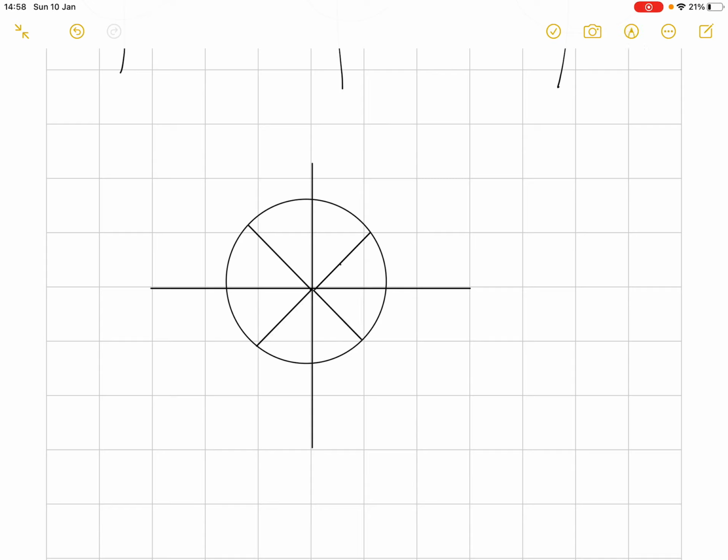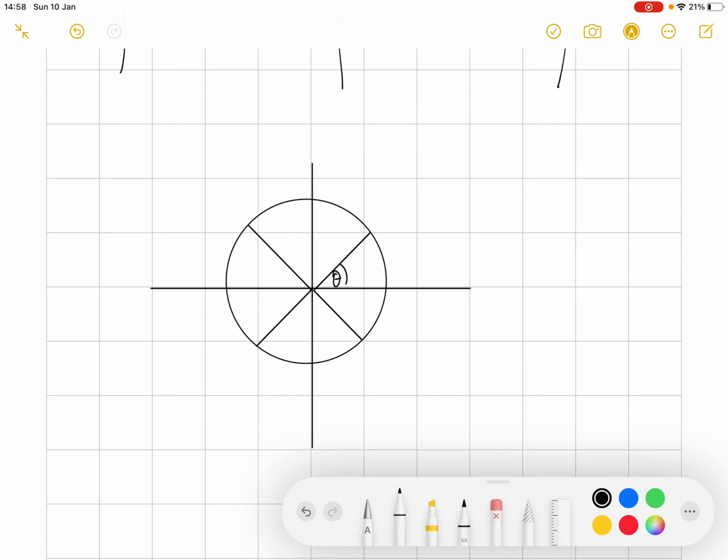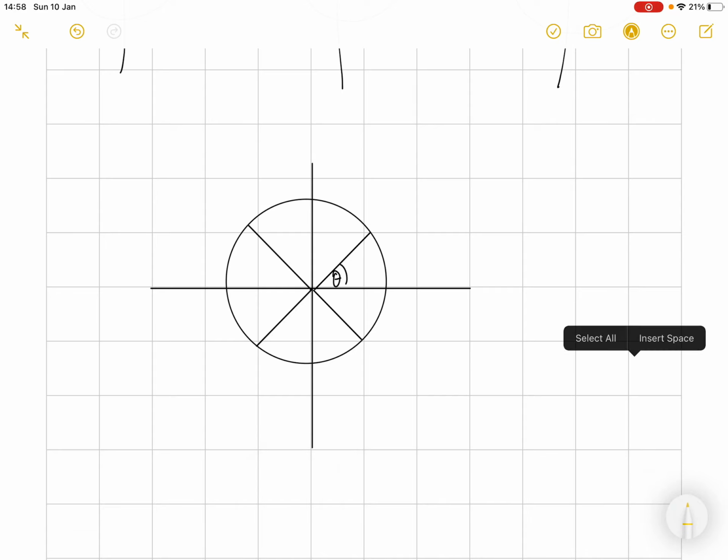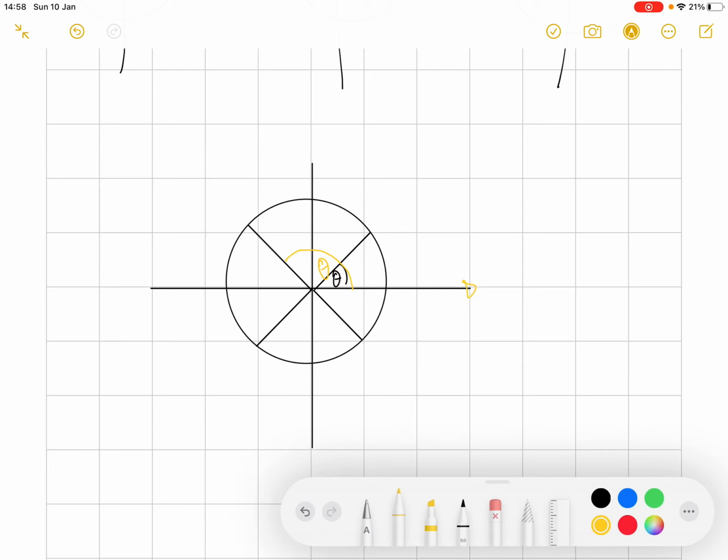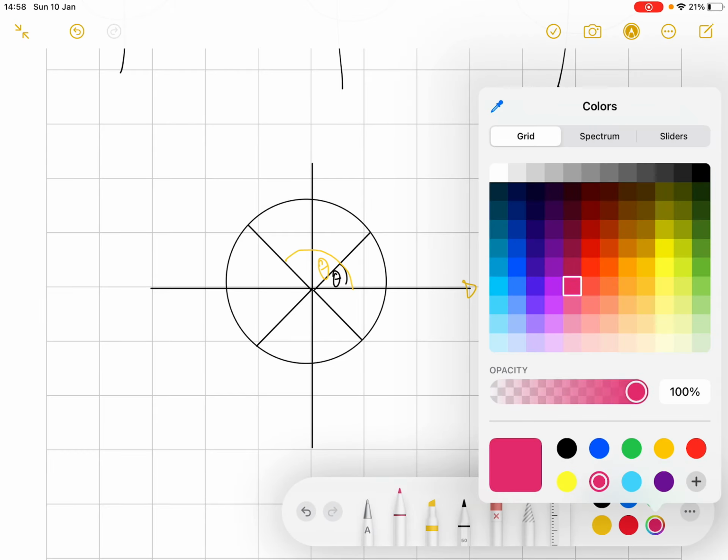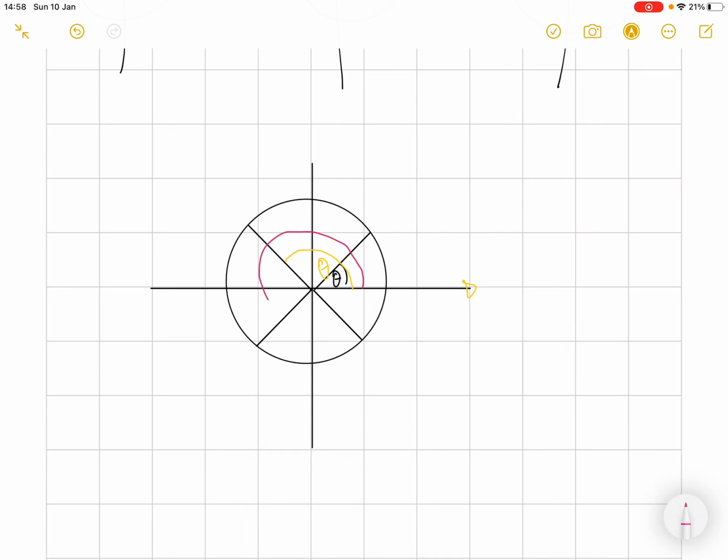we have this theta here, and then don't get confused, then we have this theta. So this theta would be about 135 degrees. We always go anti-clockwise from the positive x-axis. And then we go this theta here.